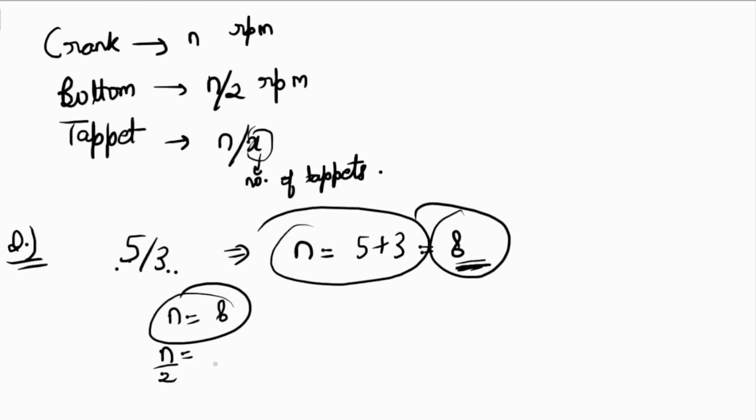I will give you one example, then you can associate it differently. It is n by 2 for the bottom shaft, and for the tappet shaft it is n by x. Actually, x is the number of repeats. So n would be given to you.